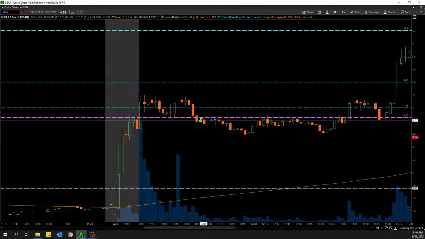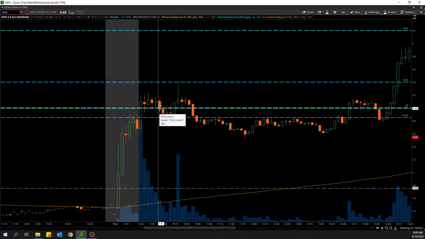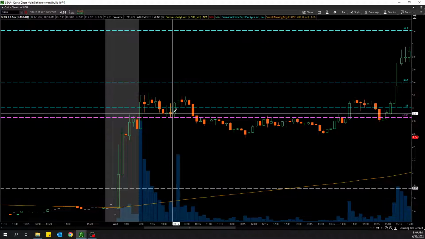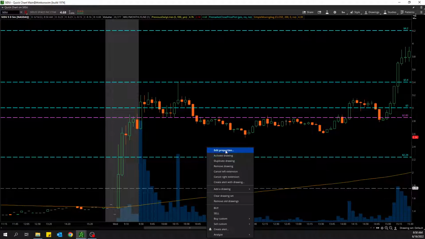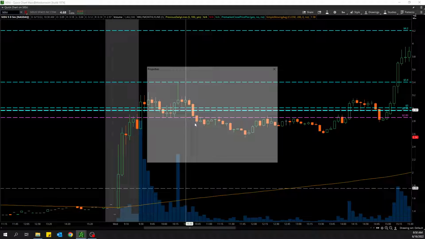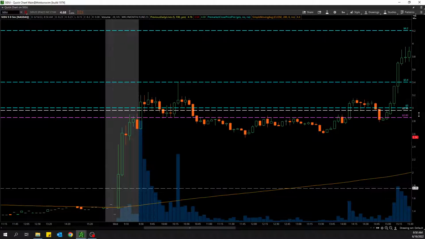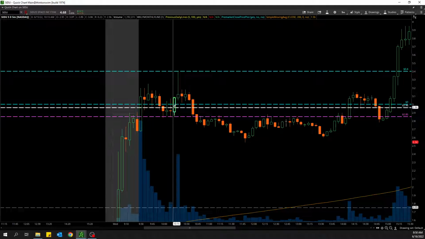So when the stock bounced down here and then reclaimed, I got in, let it reclaim, and my order entry was 296. So we're going to paint that one green, or I'll do it white just so you can see the difference. So right there was my order entry, on this candle.